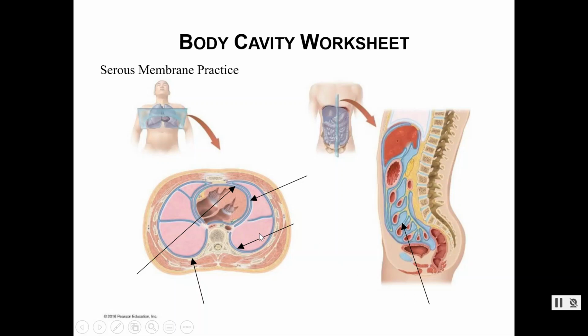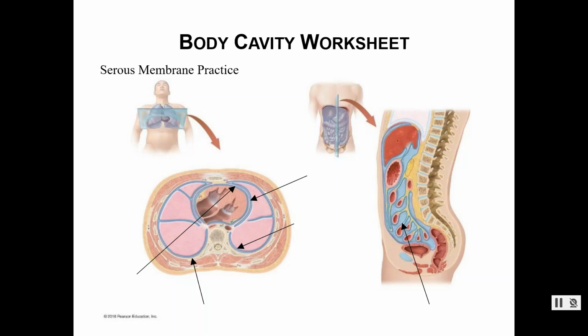But these four we're looking for ventral versus not ventral. We're looking for visceral versus parietal layers. Which one's your pericardials? Which one are your pleuras? Take a second. Go back a couple of slides, review those terms, where they're located, all that. When you're ready, let's see if we got these correct.